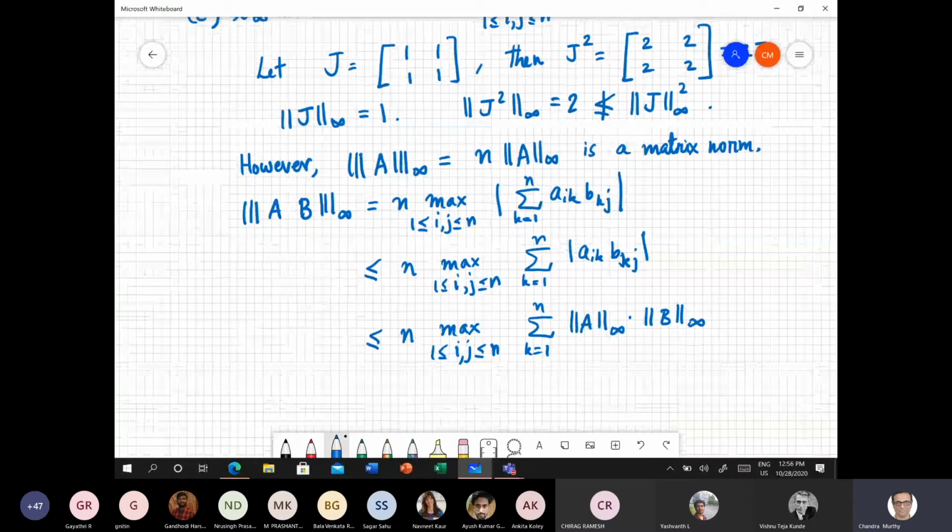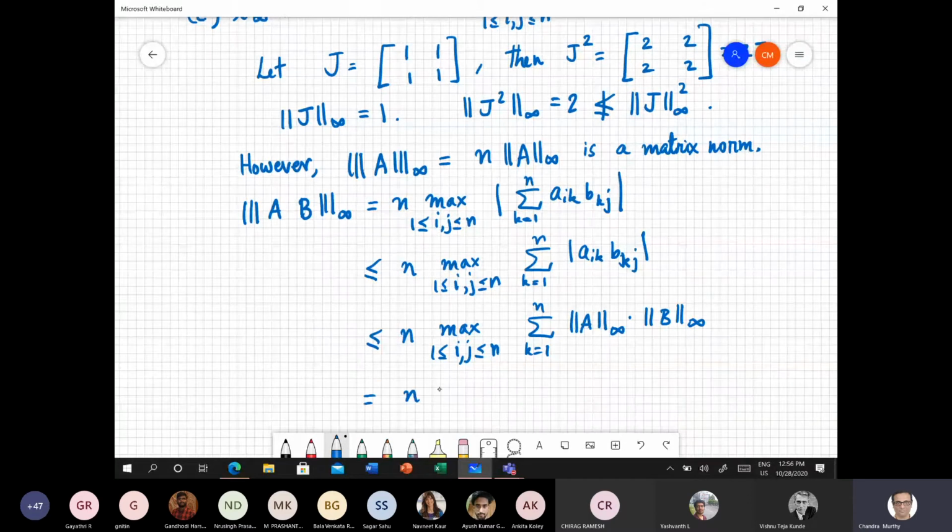And so this is equal to n times the norm of A times n times the norm of B, which in turn is equal to the norm as I defined here times the norm as I defined here.